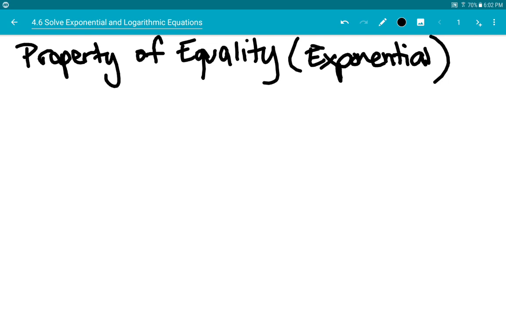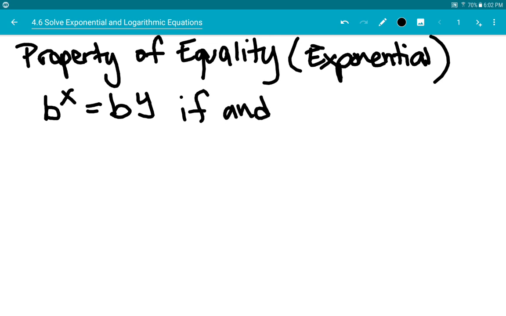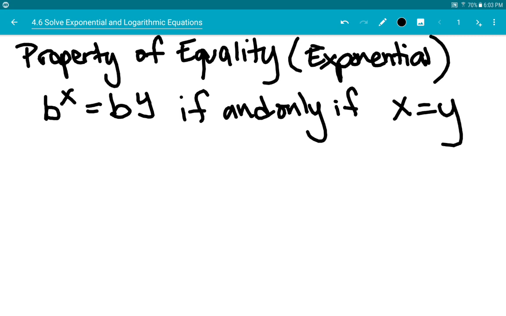The idea is if you have b to the x is equal to b to the y, if and only if x is equal to y.